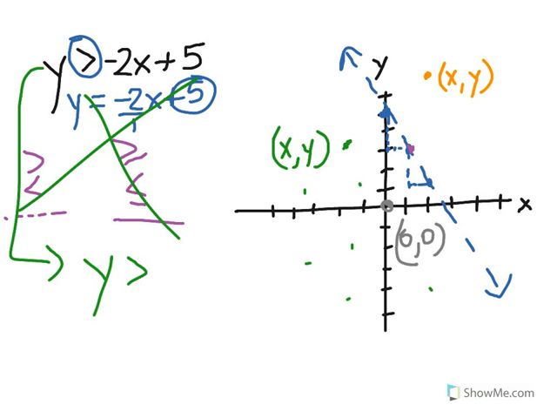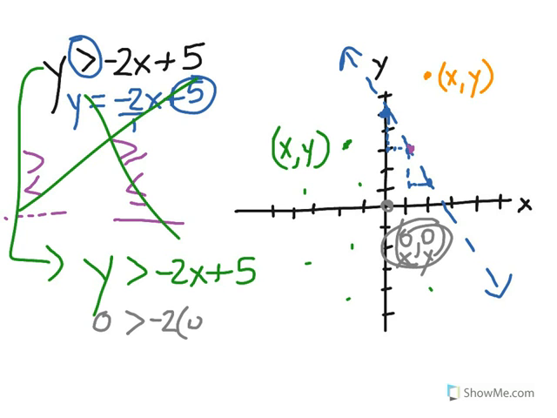Y is greater than negative 2x plus 5. Okay, what I'm going to do is plug in 0, 0. That means 0 for x and 0 for y, and I'm just going to see what it tells me. 0 for y and 0 for x, and all the other numbers stay the same. Now let's just see what this tells us. Negative 2 times 0, well, that's still 0.